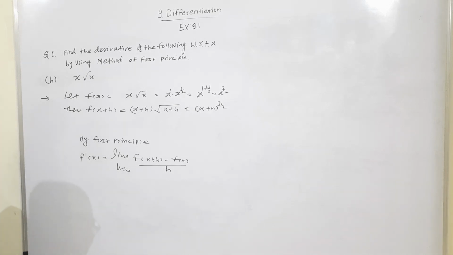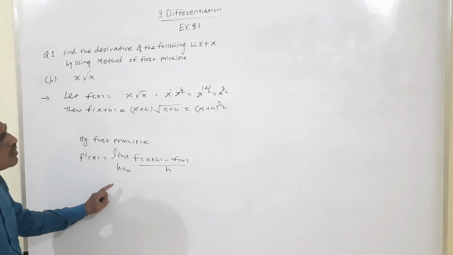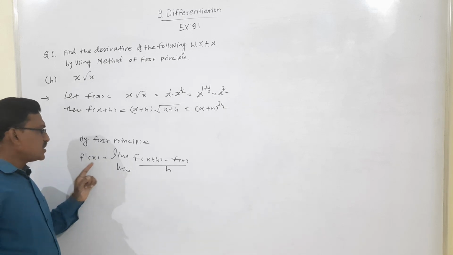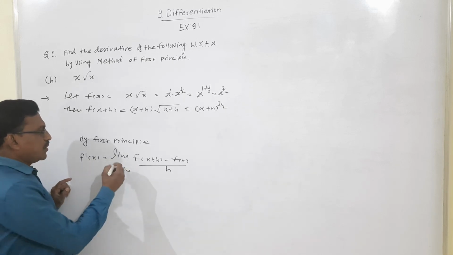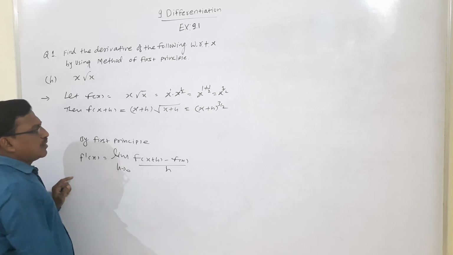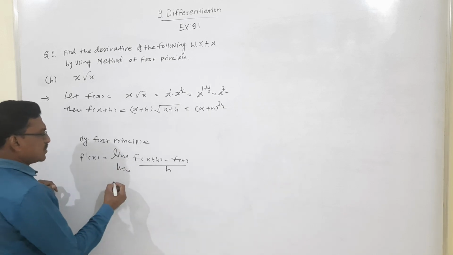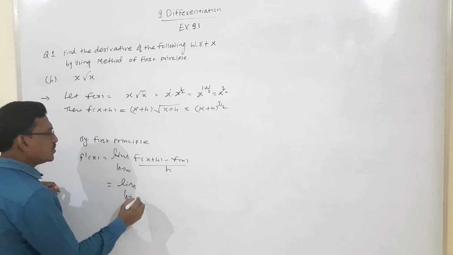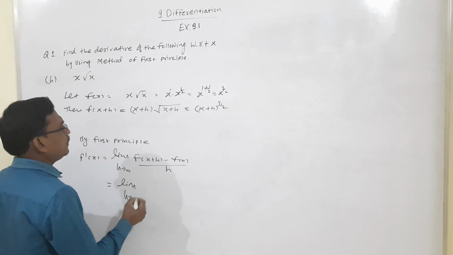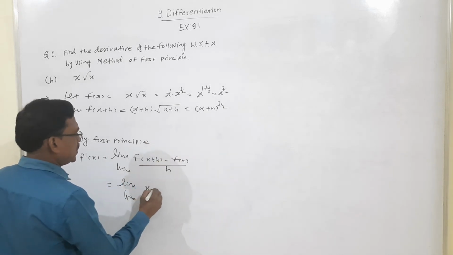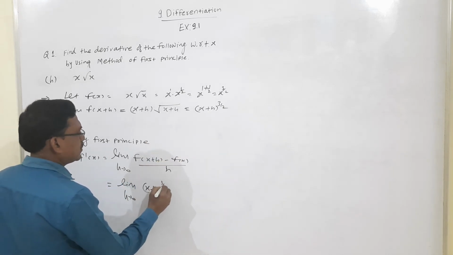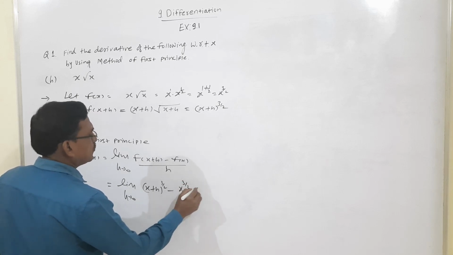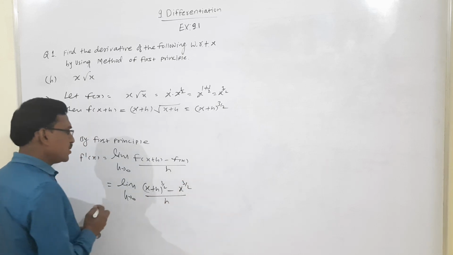And so by first principle, f dash x equals the limit of f of x plus h minus f of x upon h. We substitute the values of both functions: f of x plus h is x plus h to the power 3 by 2, minus f of x, which is x to the power 3 by 2, whole divided by h.